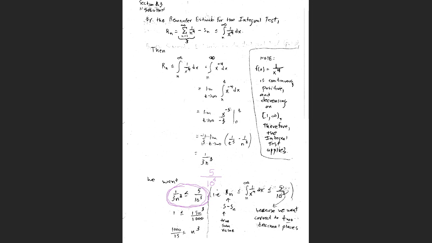A computer can add a lot of terms very quickly. It does matter because you might need to add 1 trillion terms to get the accuracy you need, and it might take a long time for the computer. But maybe you only need to add 1 billion terms. There's a difference in computational time.